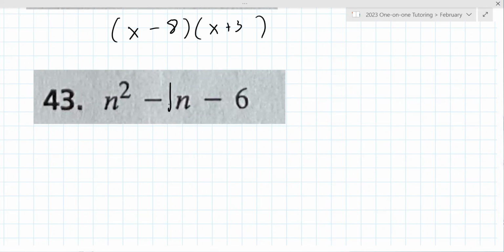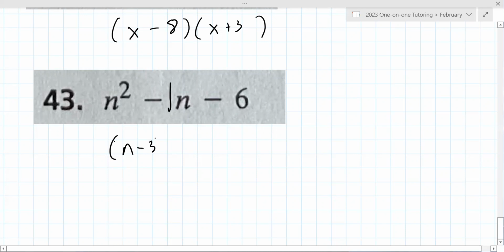But yeah, give this one a try, please. N minus 3 and N plus 2. Yeah, perfect.